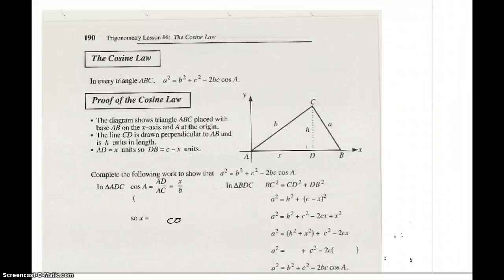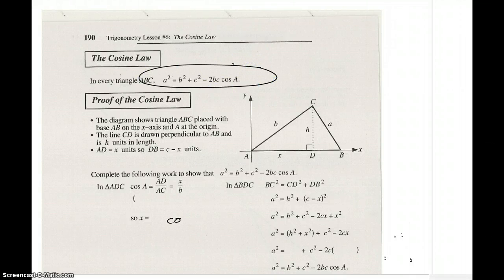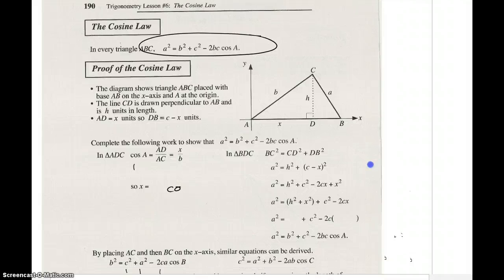I'm going to turn the page, and let's have a look at this cosine law. The cosine law says in every triangle, we can use this particular formula to figure out what is missing in your triangle. The proof for the cosine law is here.